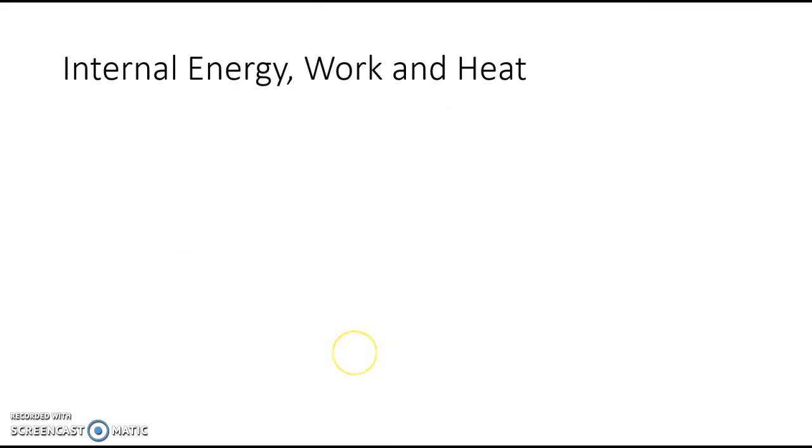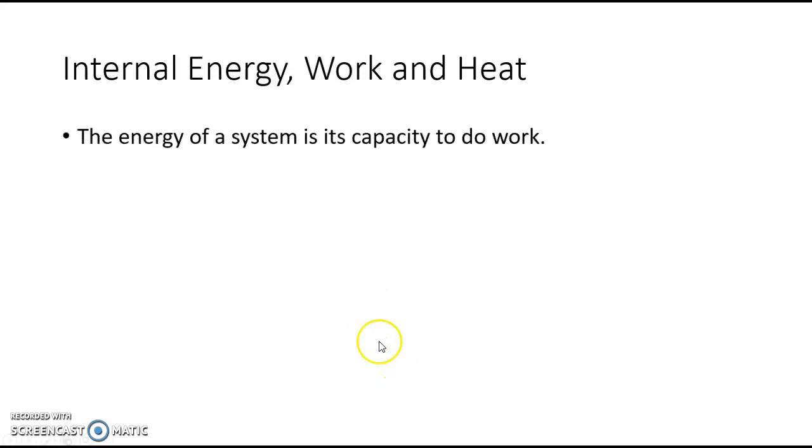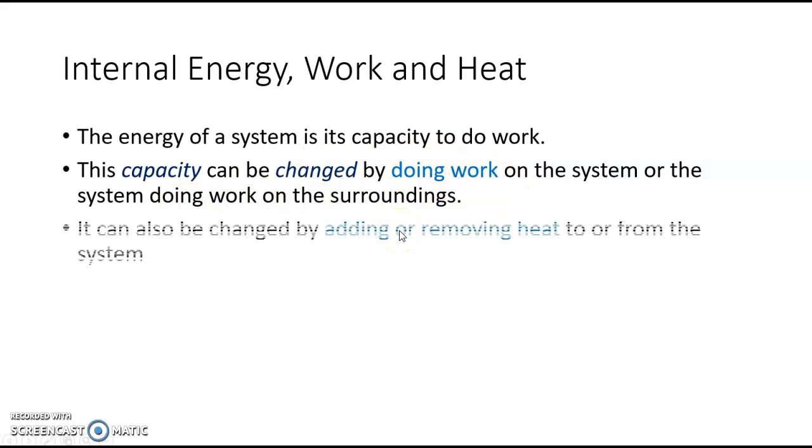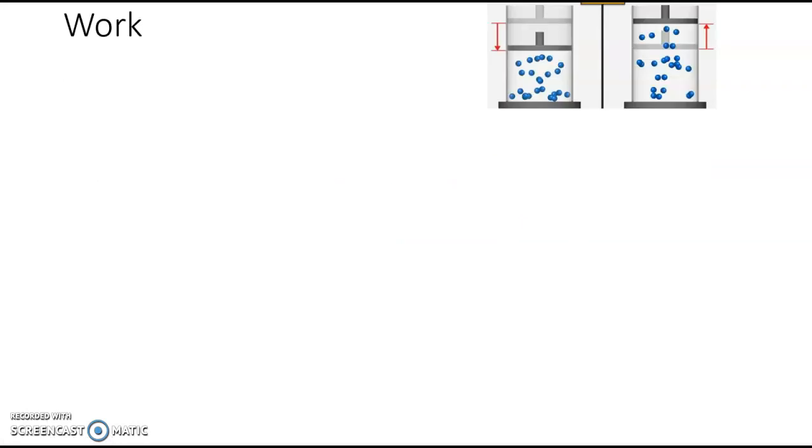Okay, the internal energy as described is the system's internal capacity to do work. It can be changed by doing work on the system or when the system does work on the surroundings. It can also be changed by adding or removing heat. So that's by changing the temperature using whatever means.